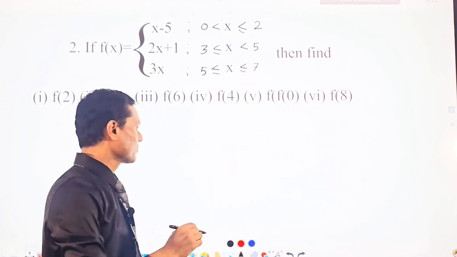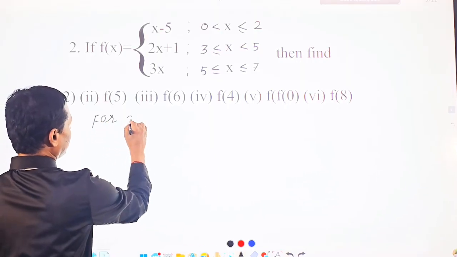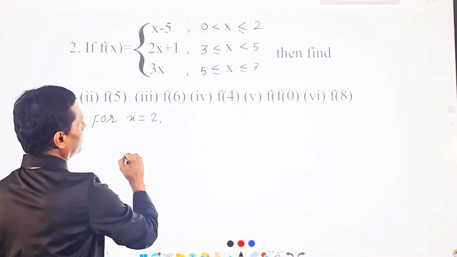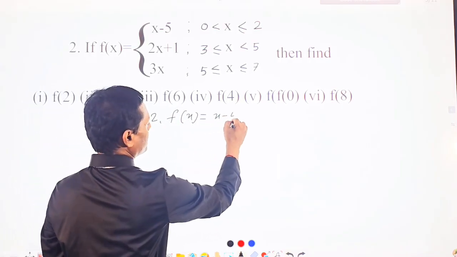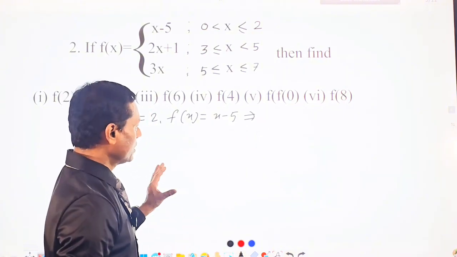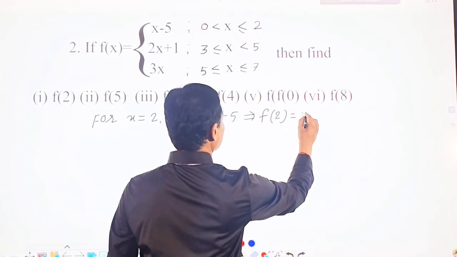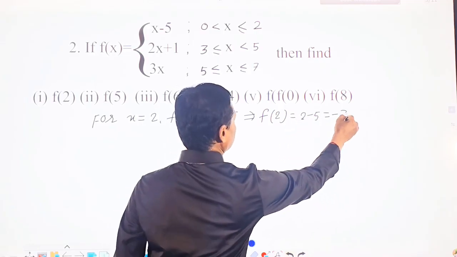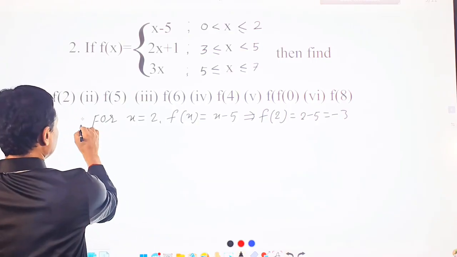So we can write, first of all, for x equals 2, f(x) equals x minus 5, which implies that f(2) equals 2 minus 5, that is minus 3. Yes, that's the first answer.